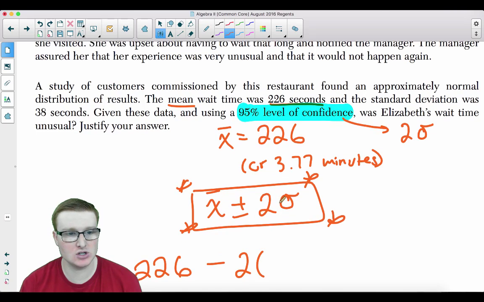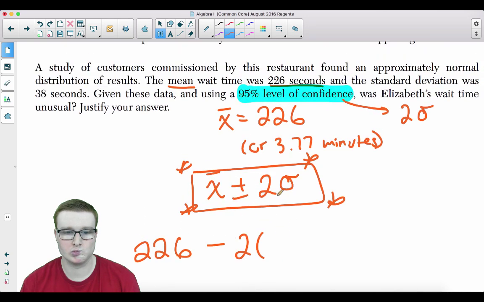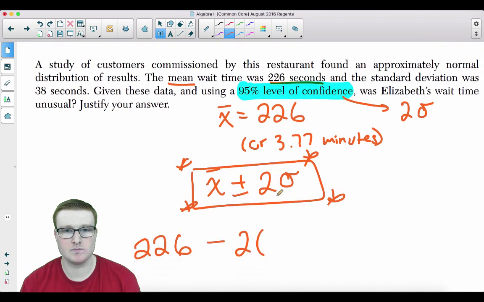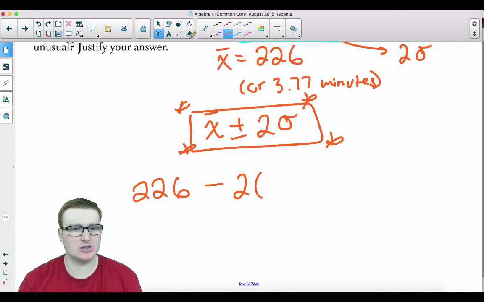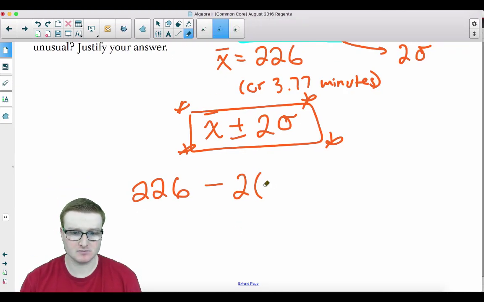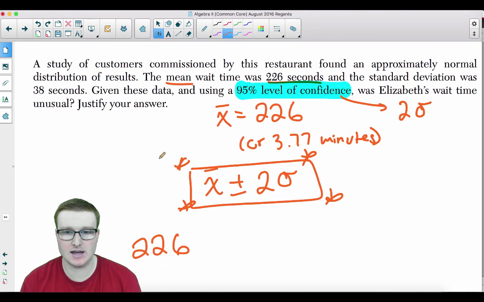And the standard deviation was 38 seconds. So here's the thing. Did they tell you that the standard deviation was 38 seconds?